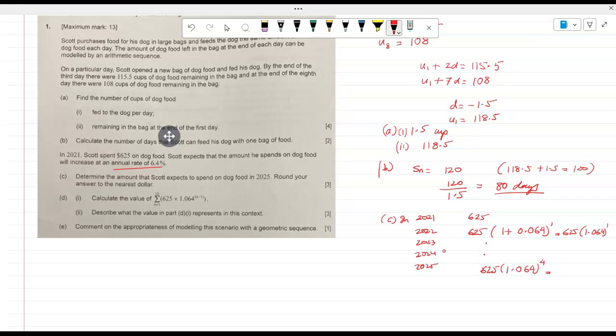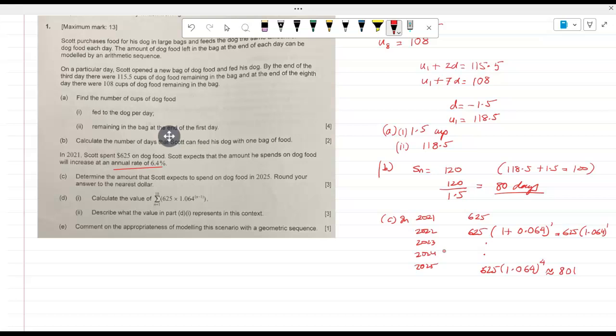What's your answer, Igor? 625 and 1.064 raised to 4 gives approximately $801. Approximately $800.